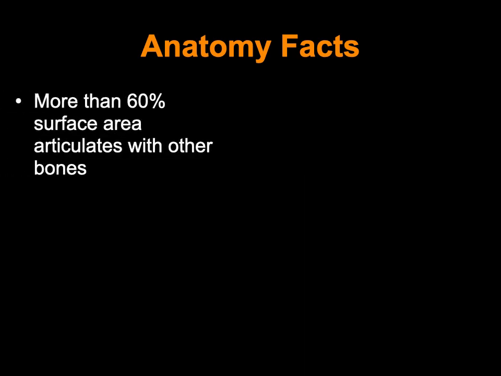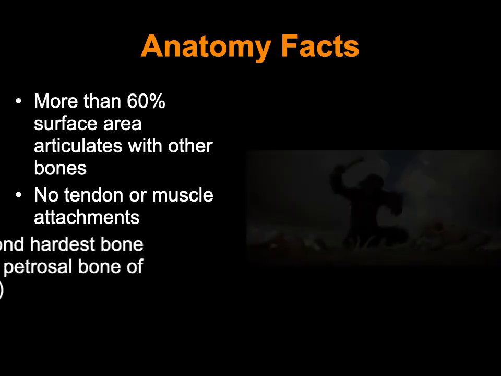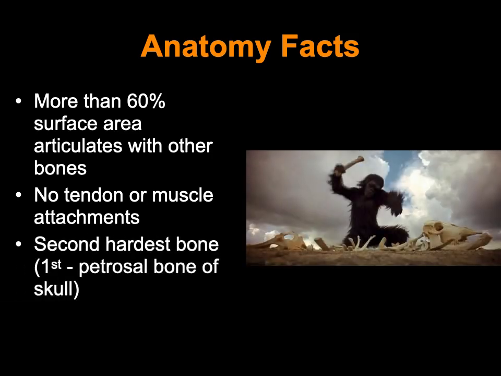More than 60% of the surface area articulates with other bones. The talus has no tendon or muscle attachments. And it has been said that the second hardest bone of the body is the talus, following only the petrosal bone of the skull.